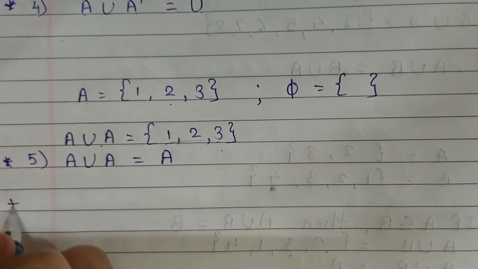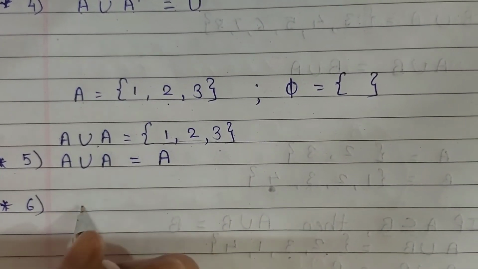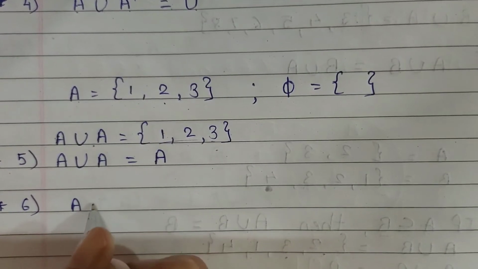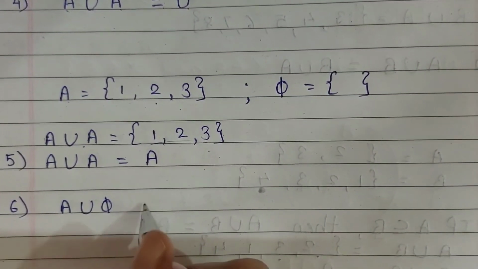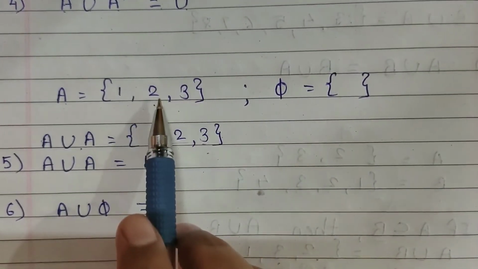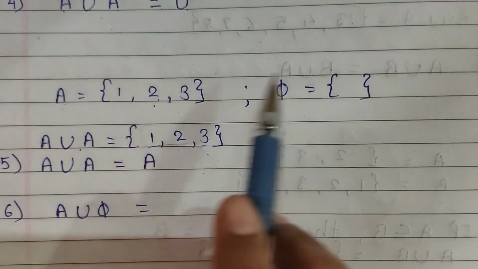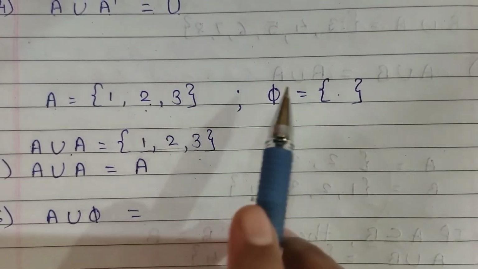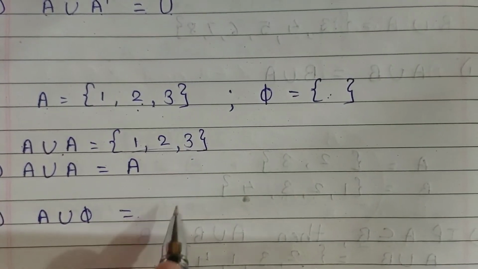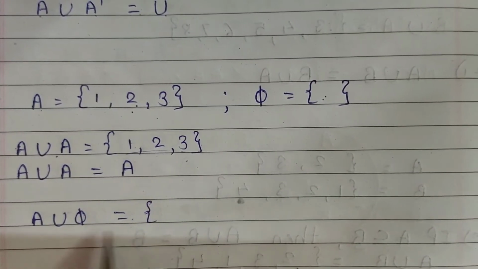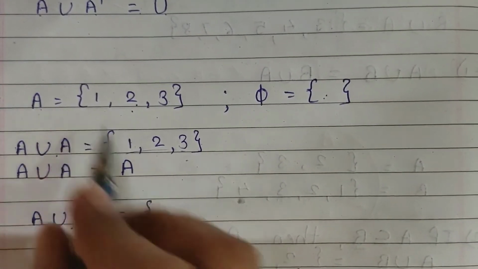Let's see the next one, property number 6. When we find A union the empty set, we have to write all the elements from these two sets. The empty set doesn't have any elements. So which elements will come in this set?